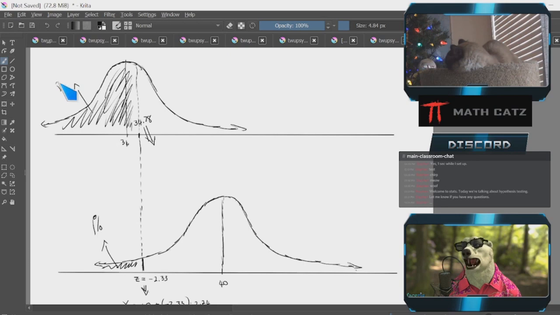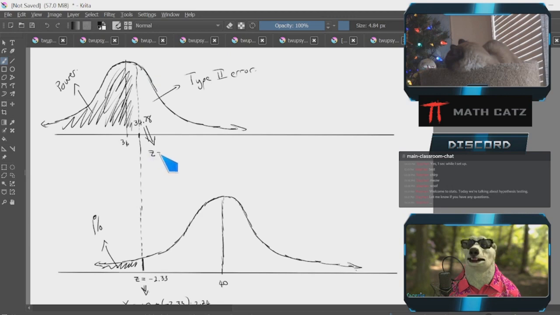So our power is going to sit over here, and our type 2 error, when we don't reject it, it's not extreme enough, but we actually should have, is going to sit over here.